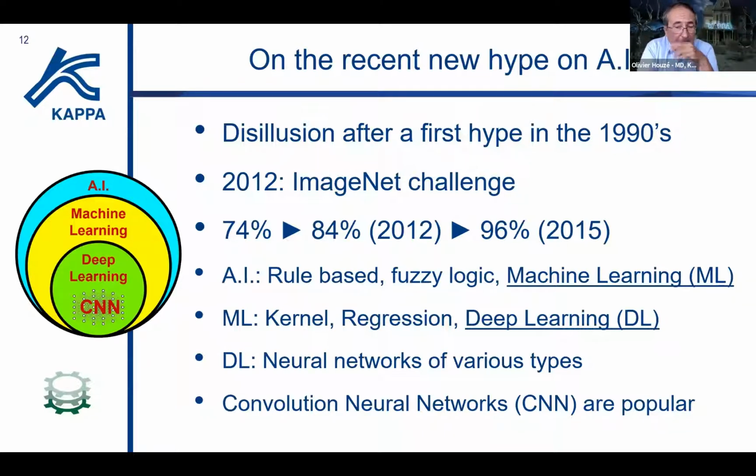Within machine learning, there are also several alternatives, and deep learning seems to have the edge. Deep learning is essentially about neural networks. And within neural networks, convolution neural networks are the ones that are popular so far. It's not exclusive, but it seems to be the thing that we are going to work on.